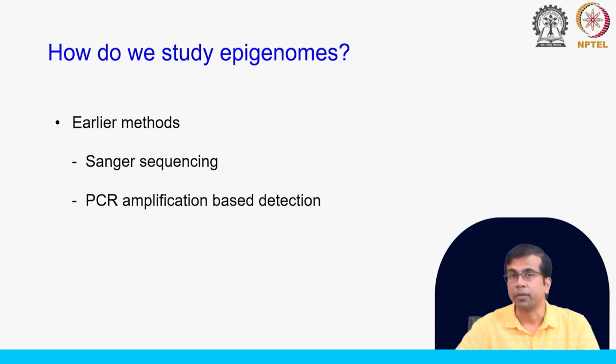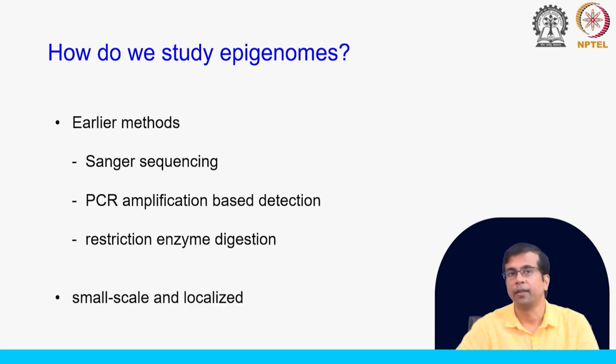Also PCR amplification based detection; again we will see some examples as we discuss different techniques in the next class. Researchers also relied on restriction enzyme digestion. What you probably notice is that these are small scale methods, so you cannot apply them at genome wide scale, and most of them are localized to certain genomic regions or segments.